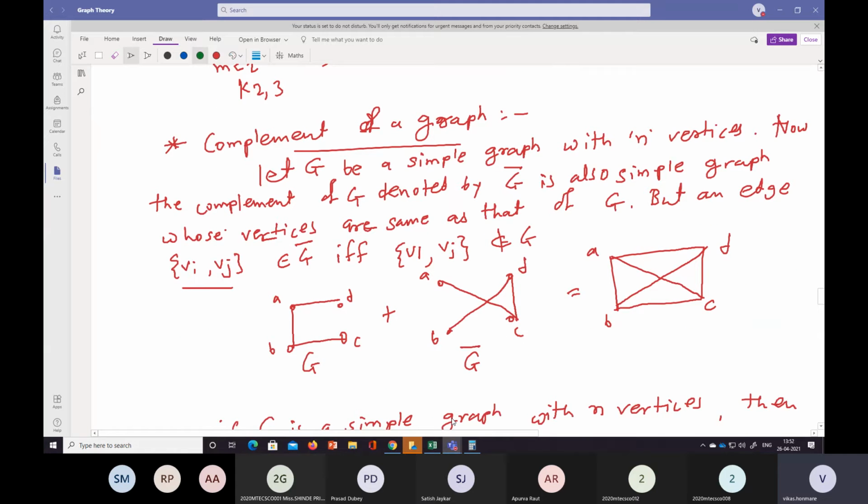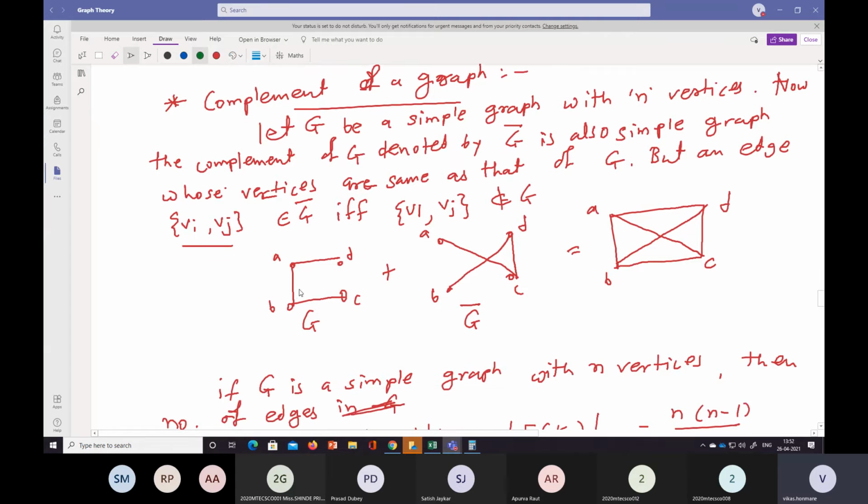So here one example is given, A, B, C, D. Then this is one G bar, A, B, C, D. So the total number of vertices are the same, but the edges which are there in this particular graph are not the same as those in G. Okay, so here is the G bar.